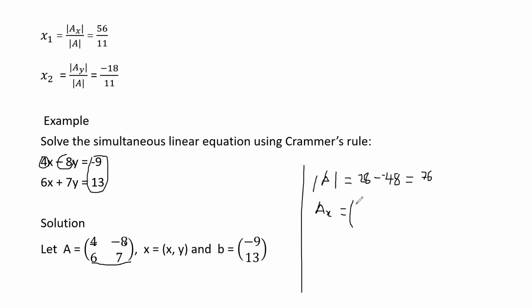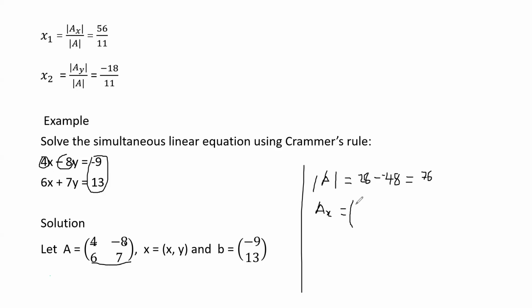So the matrix AX is: you write the B column. B is negative 8, 7.